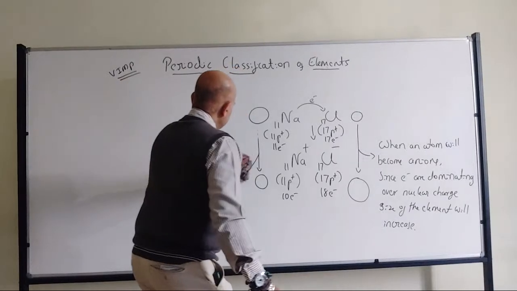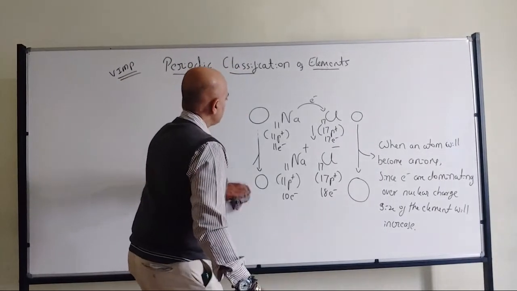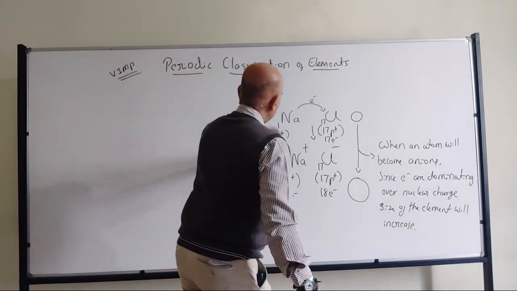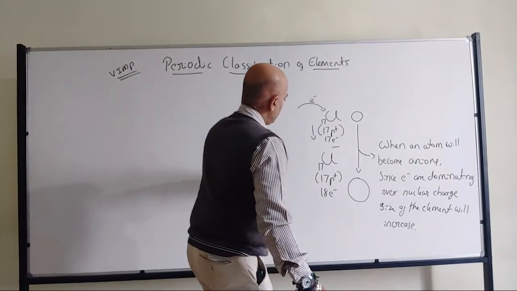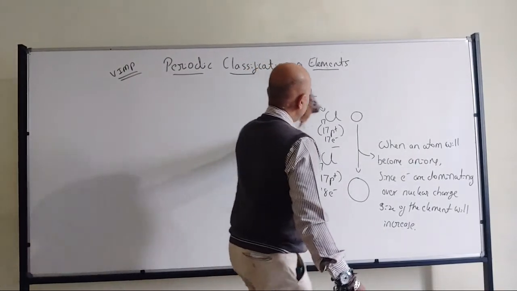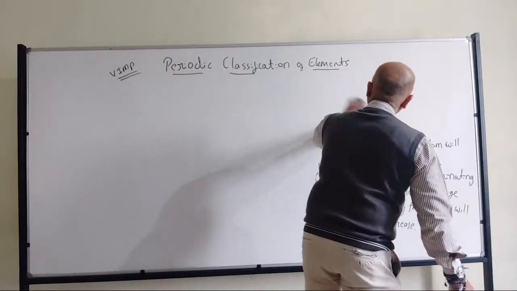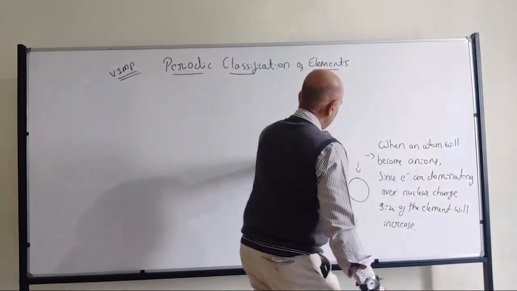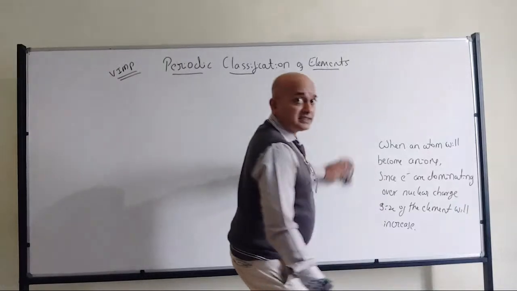Okay? So shall we move to the next one? That's where we have the ionic size. Ionic radius. Normally they will use the word ionic radius. Any doubts in this?